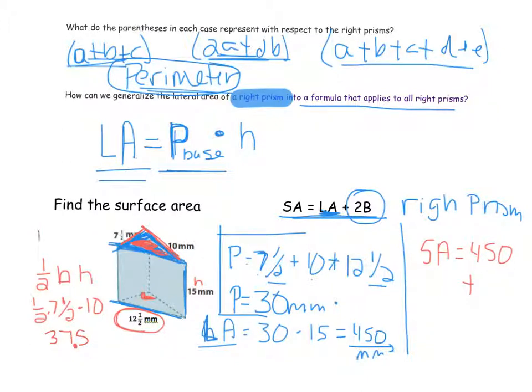This is the area of the base. This is the lateral area, and we have to add them together to continue to get our complete surface area. So when I add those together, I have 487.5 millimeters squared.